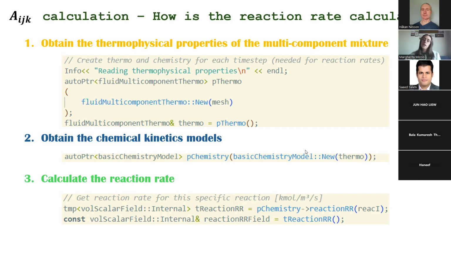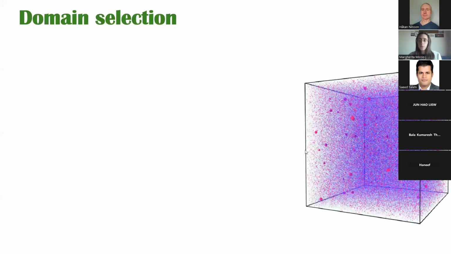And this will be calculated for each of the reactions that are involved in the chemical mechanism. And so in this way, we define this field, the reaction rate field, which is used as a multiplying factor in the formula.